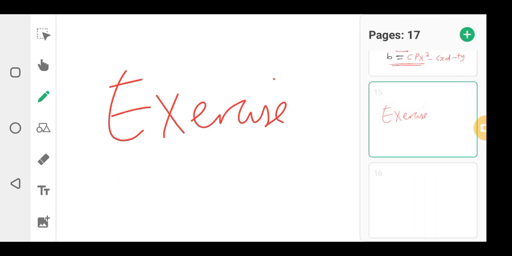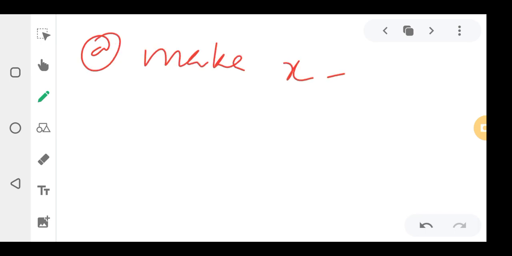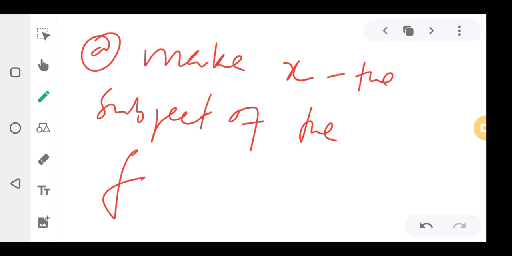Okay, you can solve this exercise now and submit your work. Question 1. Make x the subject of the formula.